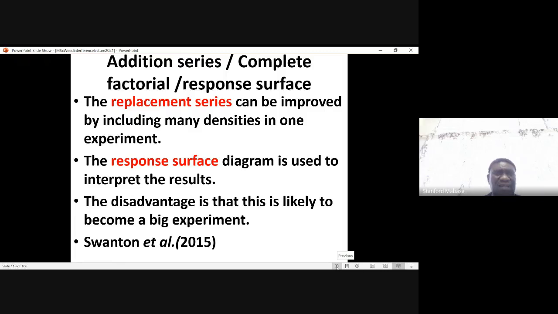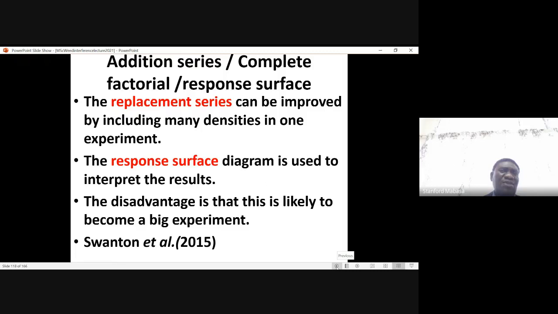So we can literally improve the replacement series by including many densities in one experiment, because the weakness of the replacement series is that it operates using one density.